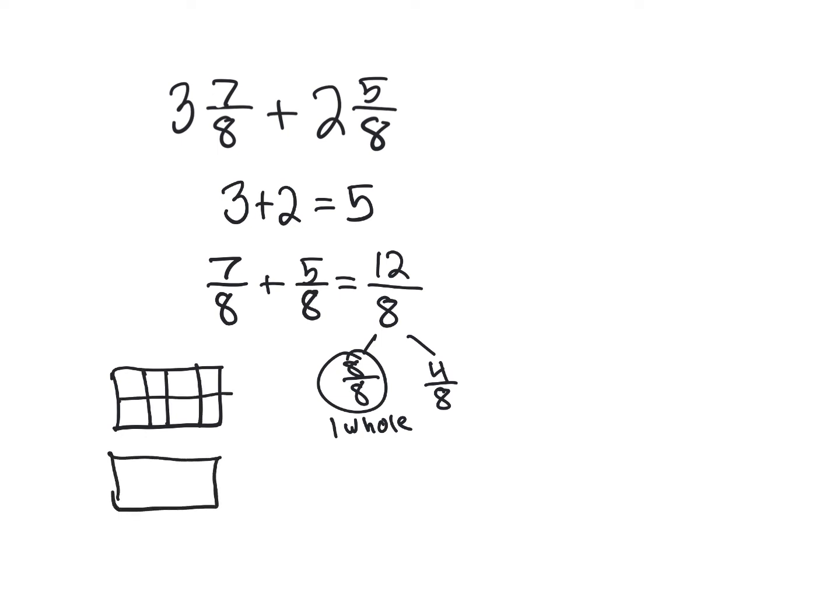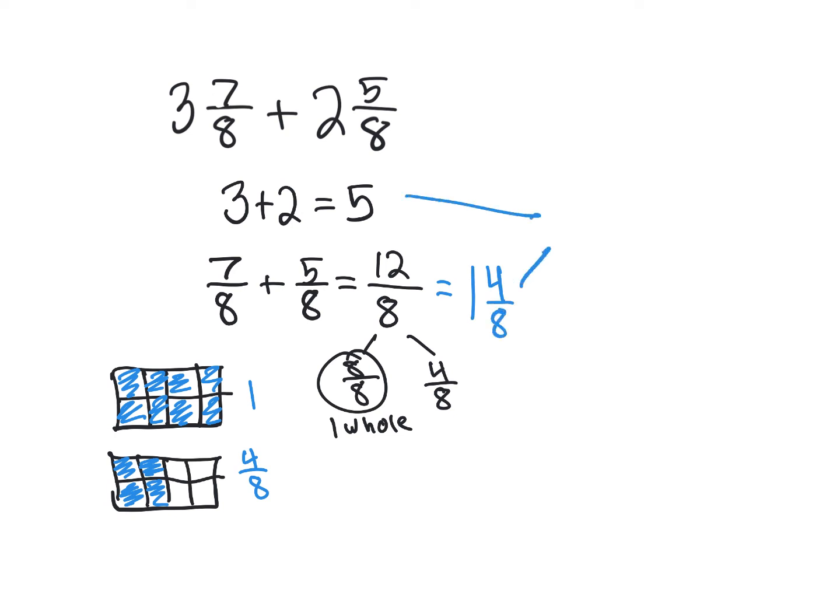Since I can't shade in 12, I draw another box with 8 pieces. I start shading in 3, 4, 5, 6, 7, 8, 9, 10, 11, 12. So I have 1 and 4/8. And then I put those things together, and I get 5 and 4/8.